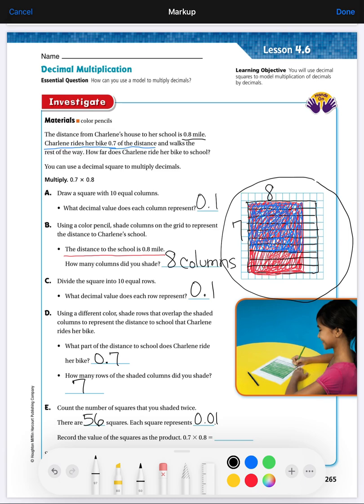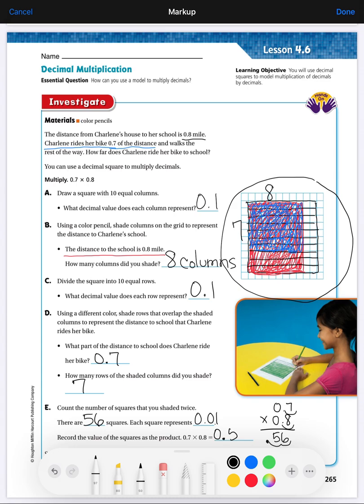Okay. Then it says to record the value of squares as the product, 0.7 times 0.8, which you can rewrite if you'd like, but anytime we do, we can rewrite it and we can stack it like this, 0.7 times 0.8. Okay. If we were to do the math, 8 times 7 is 56. We move our decimal point 2 spots, 1, 2, bam.